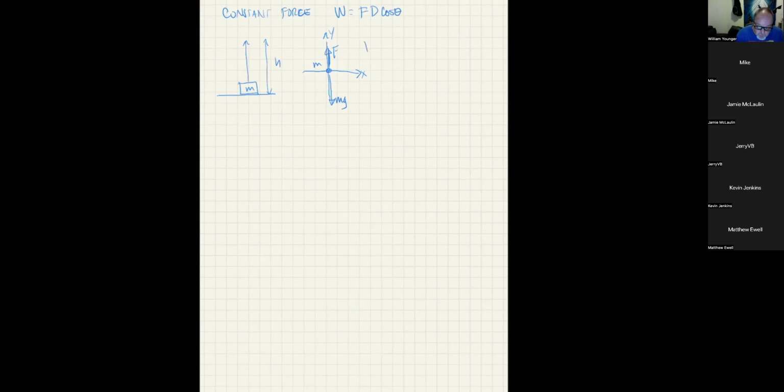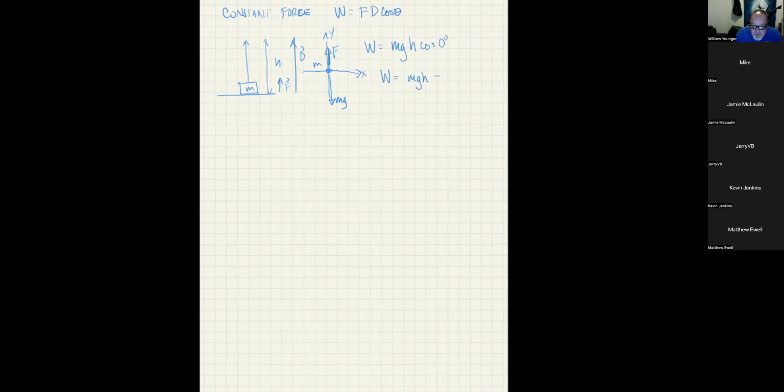So the work is equal to m times g times the distance traveled, which we said is h. And of course, the force F and the displacement vector D are parallel, so it's times the cosine of 0 degrees. And in fact, what we get is work is equal to mgh.